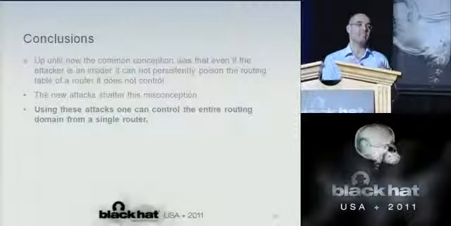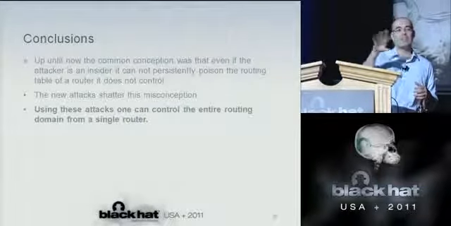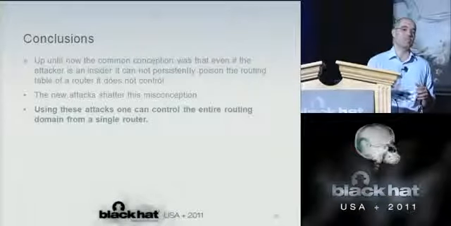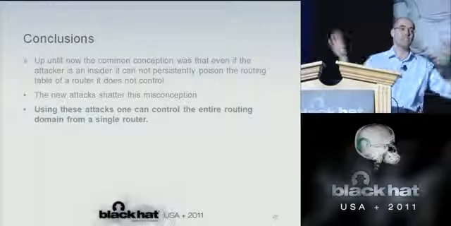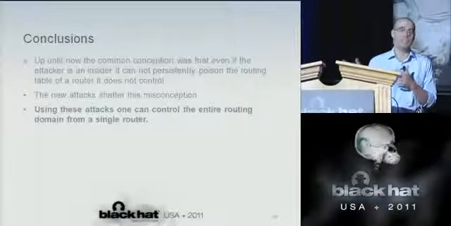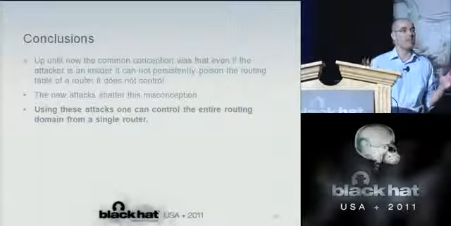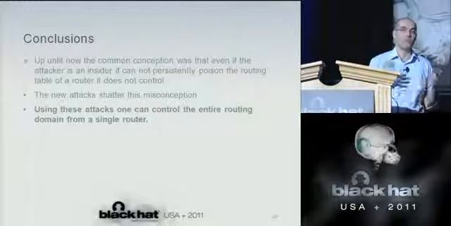What it basically means is that if an attacker controls a single arbitrary router in the autonomous system, it actually controls the routing process in the entire autonomous system. This is the whole point of this presentation, to show you that a single router can actually control the entire routing in the autonomous system.